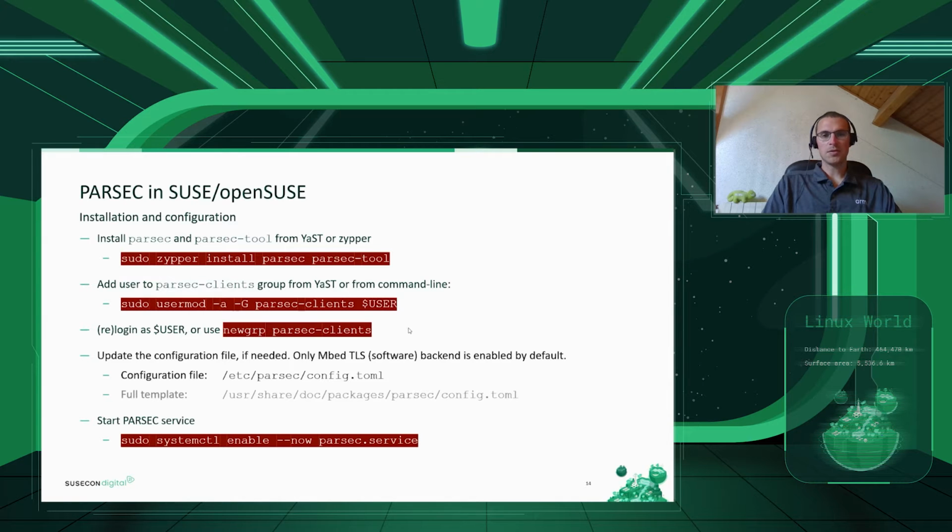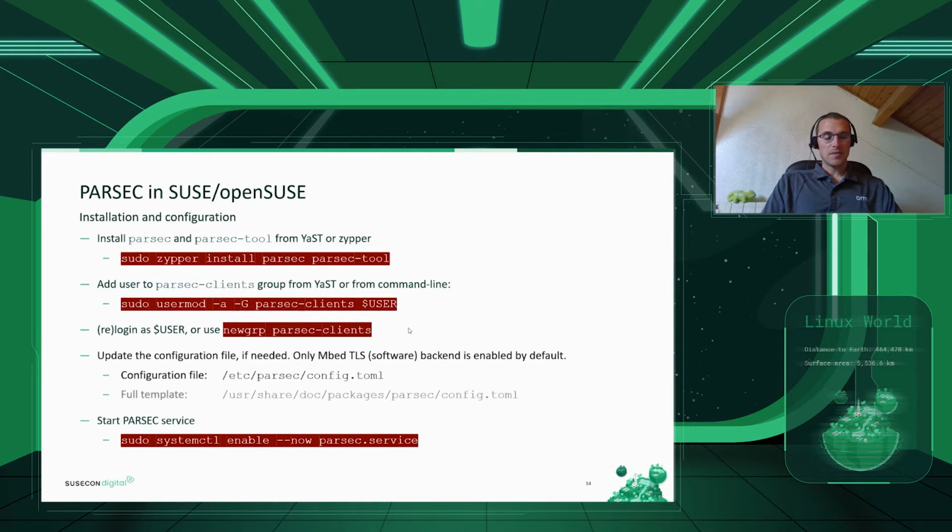So for example, if you want to enable your hardware security module or your TPM, you need to edit this file. You have a full template in /usr/share/doc/packages/parsec/config.toml. This is installed as part of the Parsec package.